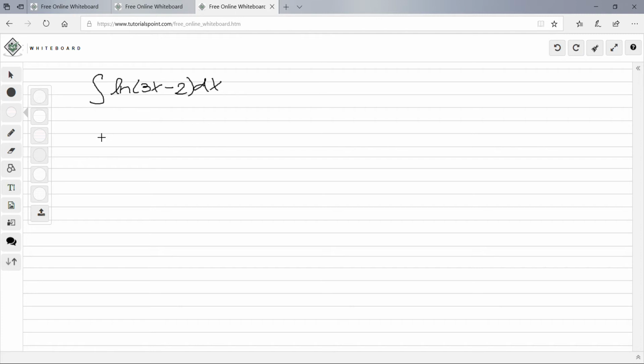Okay, so what is our u? Our u is going to be this whole thing, because our L is natural log, so it's natural log of this whole thing.